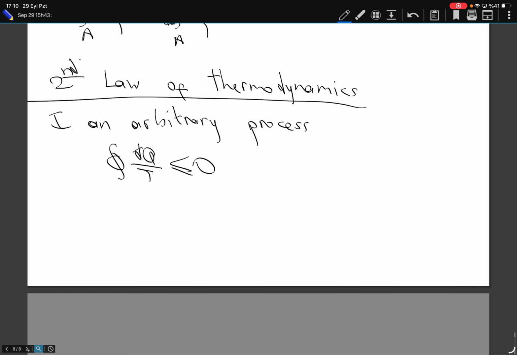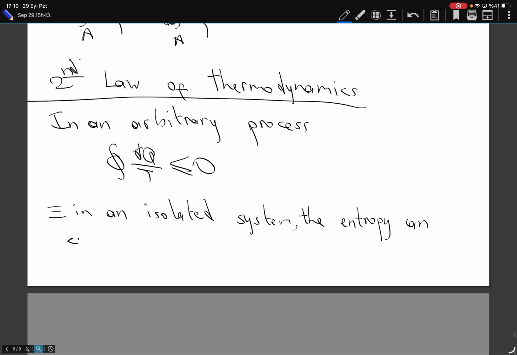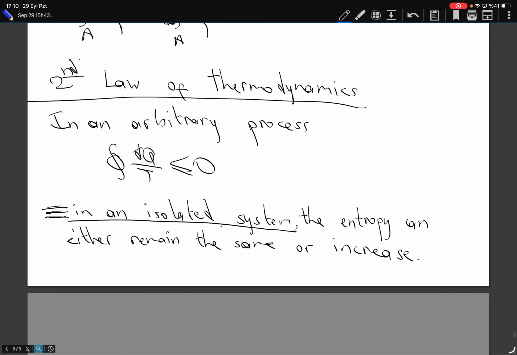Which, by the way, is the same thing as saying that in an isolated system, the entropy can either remain the same or increase. I emphasize this is in an isolated process.